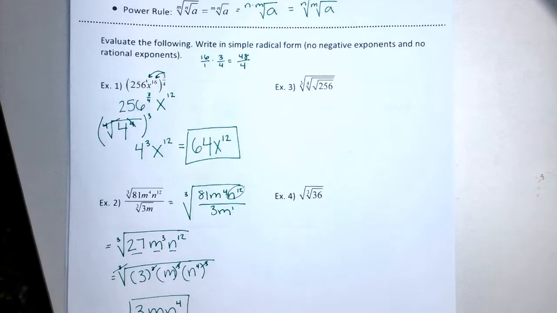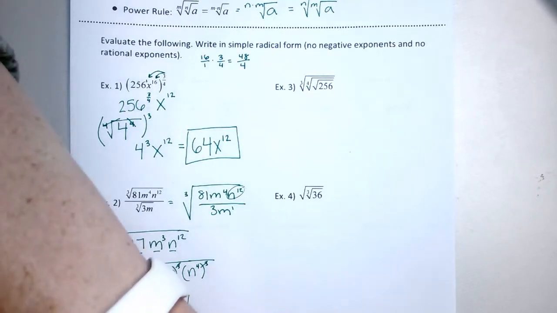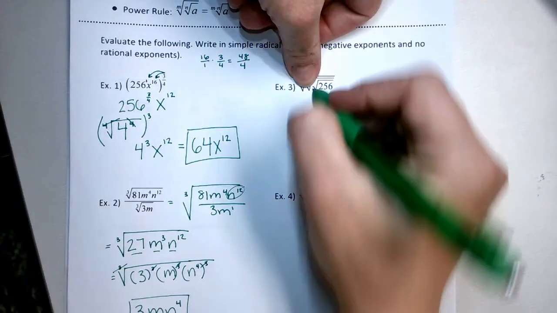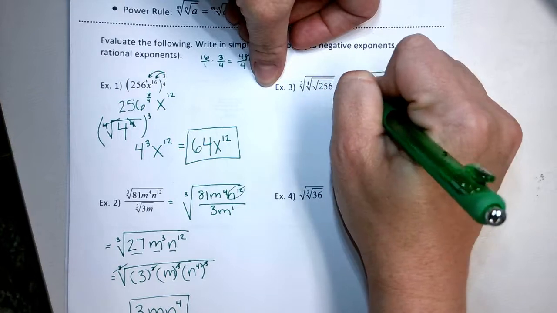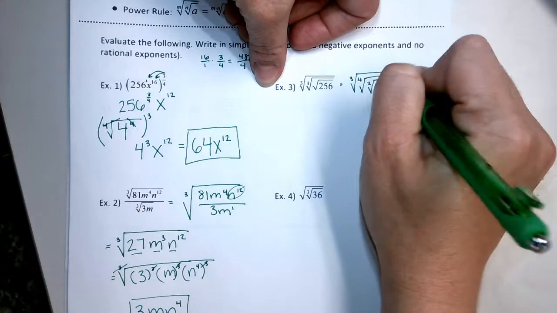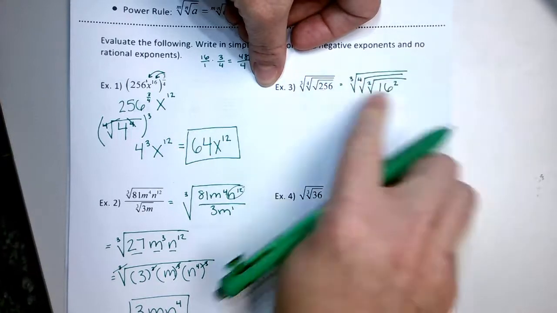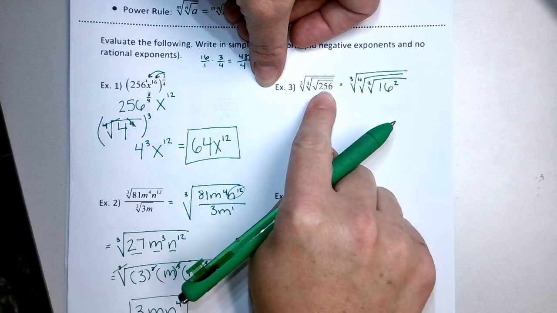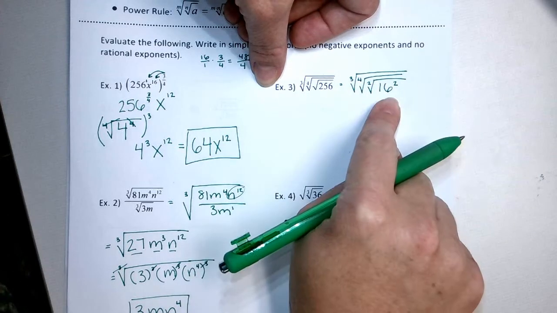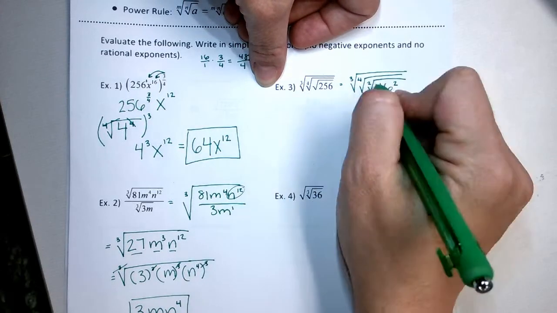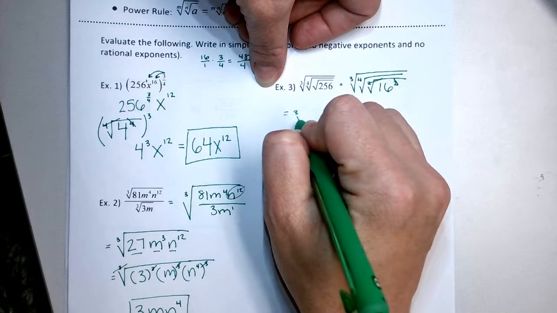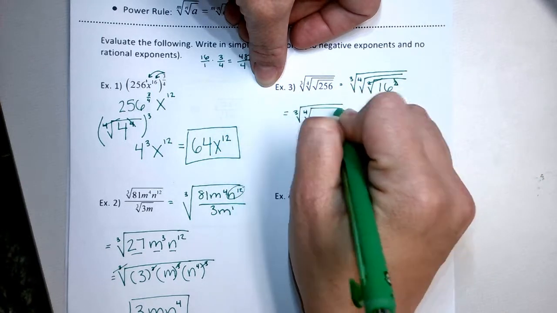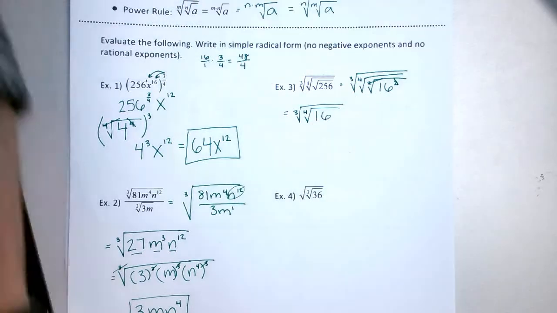Is 256 a perfect square? Yes. So we're going to rewrite this. I have 3, 4 squared, 16 squared equals 256. So I haven't changed anything mathematically. So this square root cancels that squared, and I'm left with just 16.